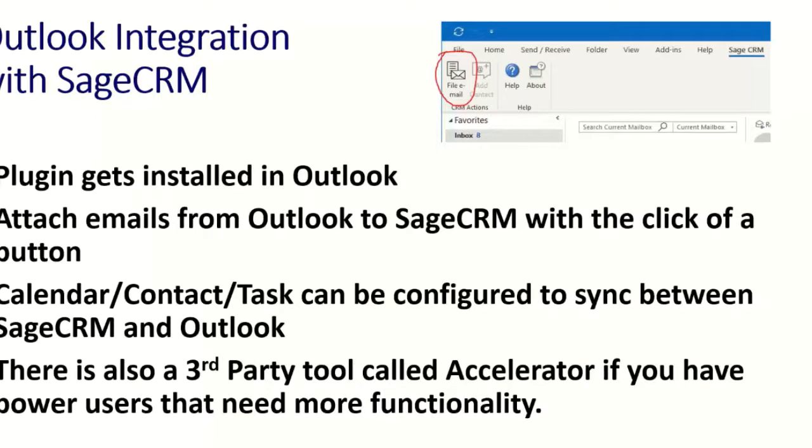There's a third-party tool called Accelerator that we would typically implement, and that lets you create those records in CRM from an email and also tag them so that they're related to a case or an opportunity, for example, as you move through. We have a separate webinar on that, but I like to mention that at least when we're going through the integration, there is an option beyond the out-of-the-box Outlook plugin that lets you do some additional functionality as well.